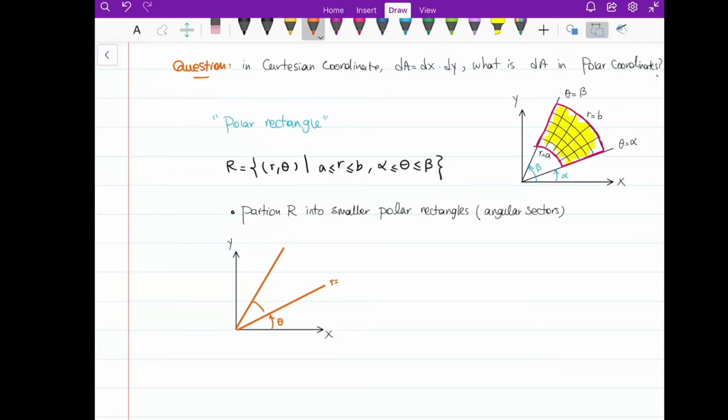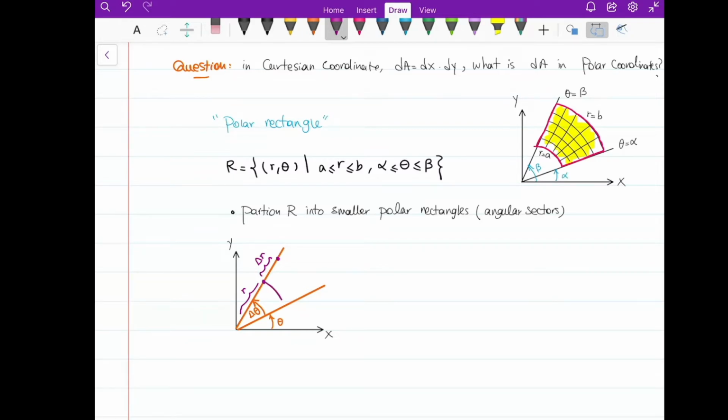This part would be delta theta, right? And then I'm gonna say that, for example, up to here it's r, and then I have a delta r in here.